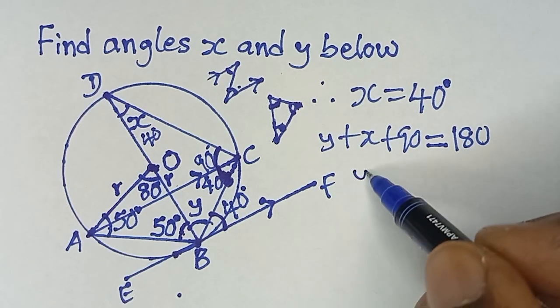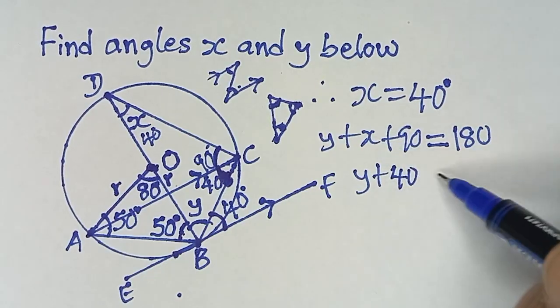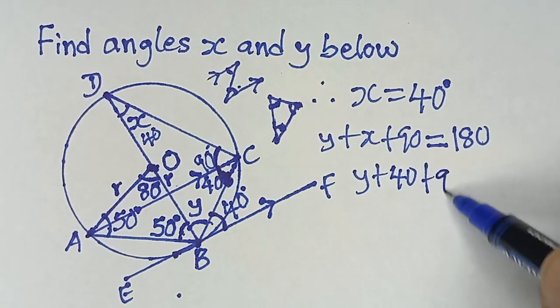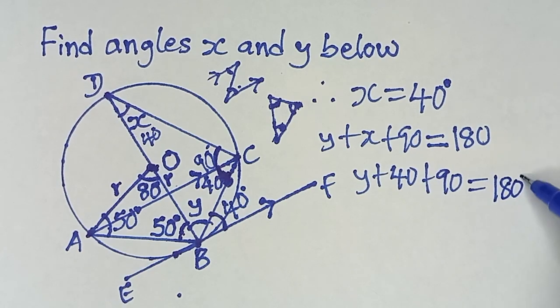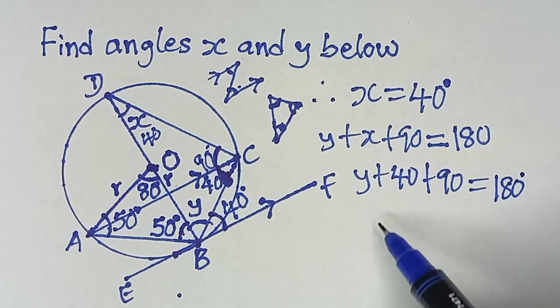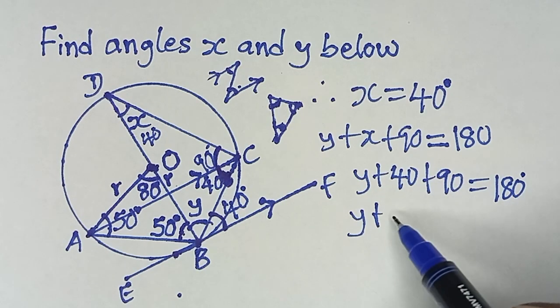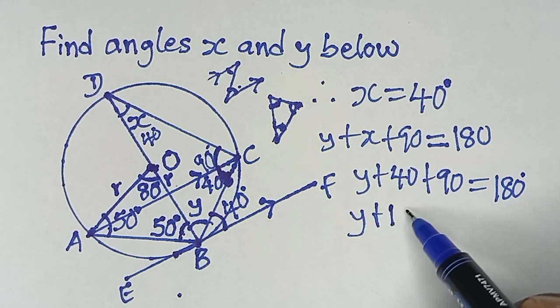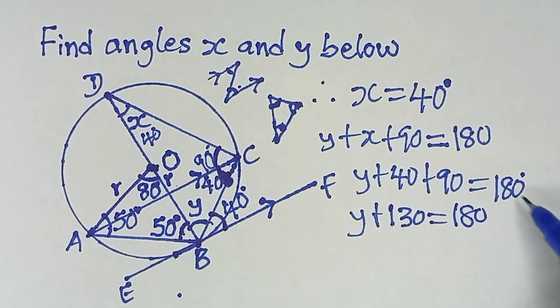So I can say Y plus the value of X, which is 40, plus this 90, all together is equal to 180 degrees. So Y plus 40 plus 90, which gives us 130, is equal to 180.